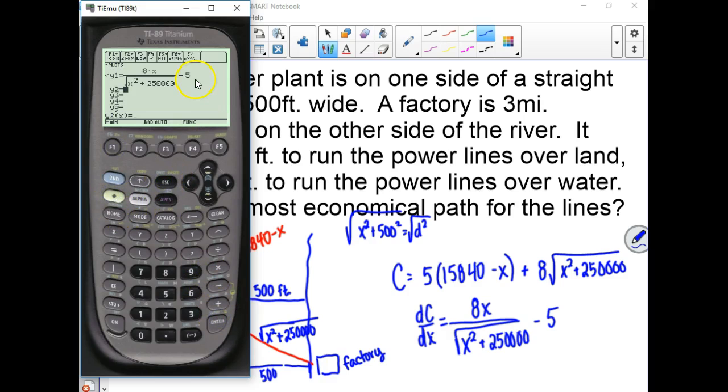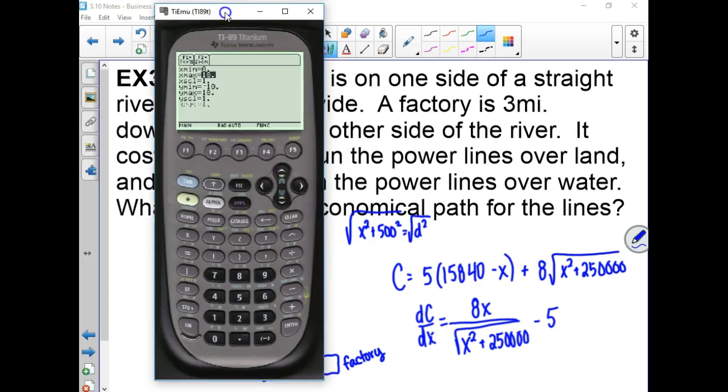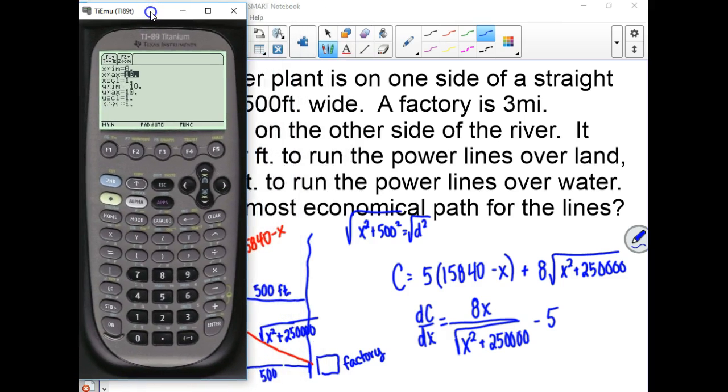Alright, so we're going to have to change our window to be right. So we're going to go from 0 to, what is the biggest x that we could have? What's the longest we could possibly go that would make any sense for this problem? 15,840.